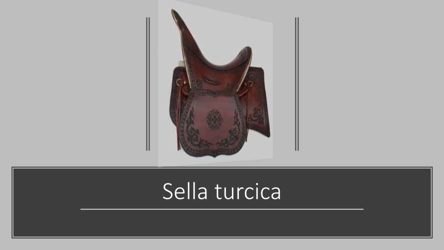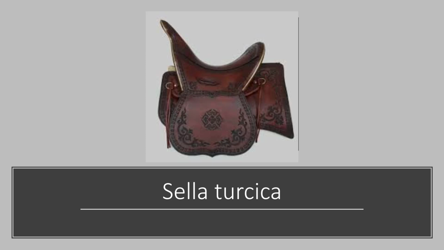Before we proceed to external features, let us look briefly at related osteology. The term sella turcica means Turkish saddle, the saddle used to sit on the horseback.